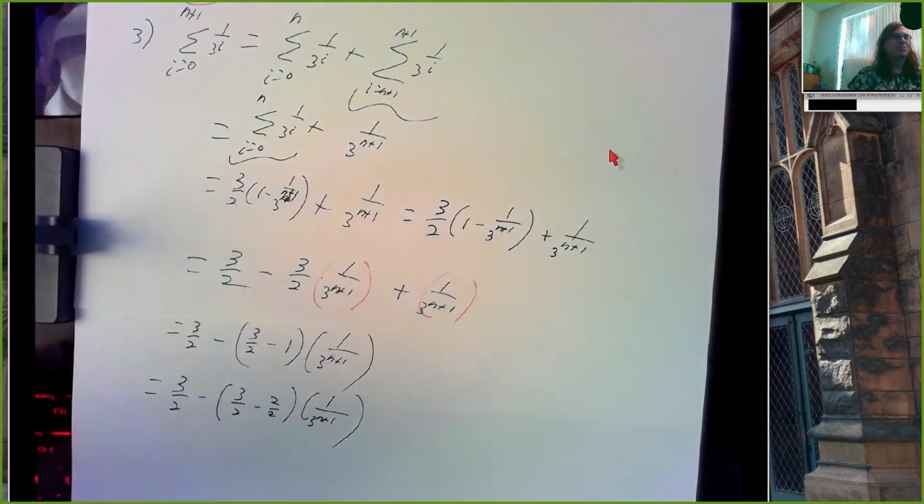Alright, spot the algebra error. Here's an exercise. It's 1 over 3 to the n plus 1.